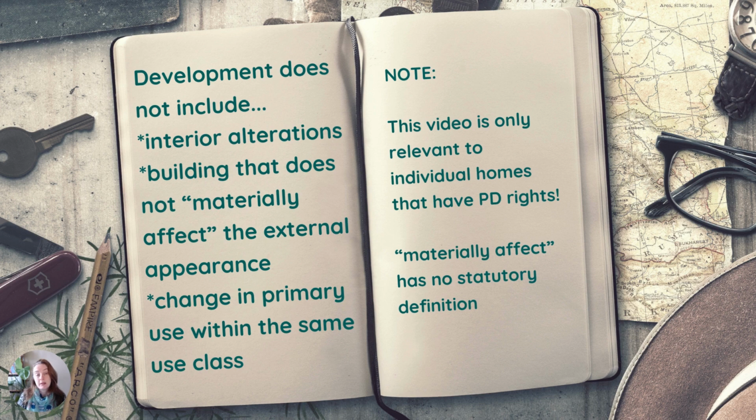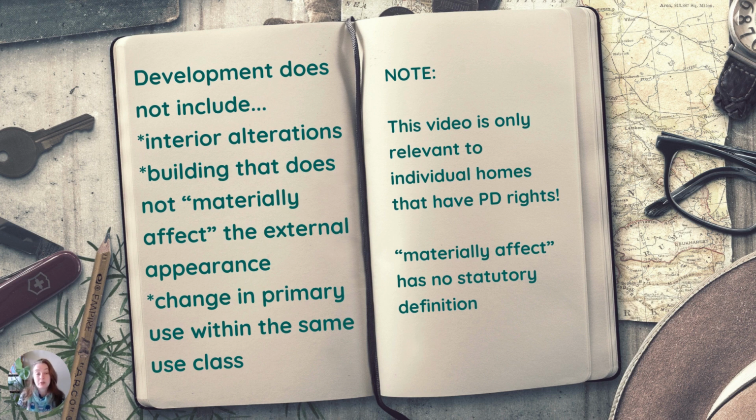But some of these internal alterations, like removing a structural wall or making a new bathroom or a utility room or moving the kitchen, require building control, building regulations approval, because they are affecting the structural stability, and they're affecting ventilation and different kinds of services, health and safety impacts on you and people who use your building.